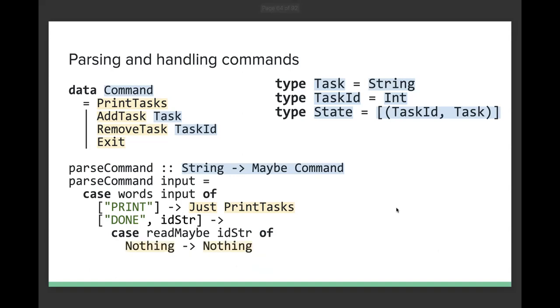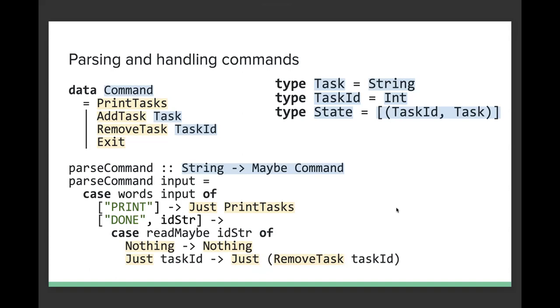So if parsing of this integer fails, well, we have an invalid identifier. In that case, parsing of this comment fails and we return Nothing. On the other hand, if we do have a successful parse of that integer, we give it a name, task ID, and the result of the parsing is going to be just remove task of task ID.